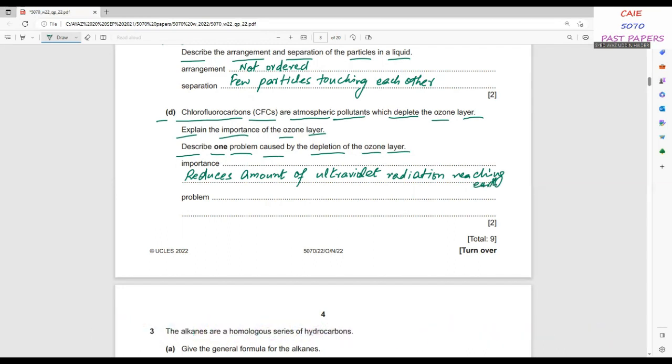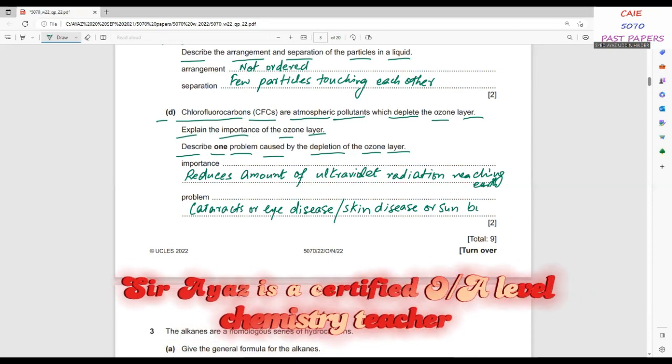The problem associated with CFCs is that they cause cataracts. So we'll write cataracts or eye disease. Also responsible for skin disease or sunburn. You can even write skin cancer.